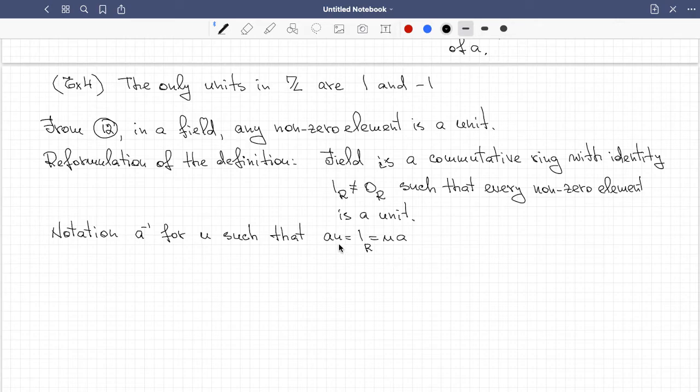So can we denote this U as A inverse, which is pretty natural, as usual? It's possible. This notation is possible.